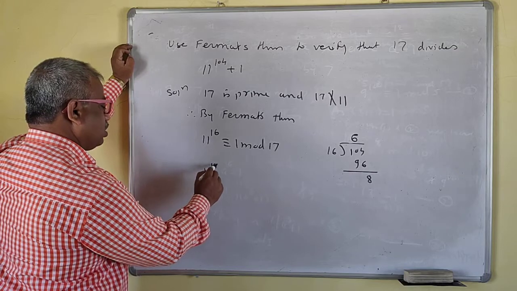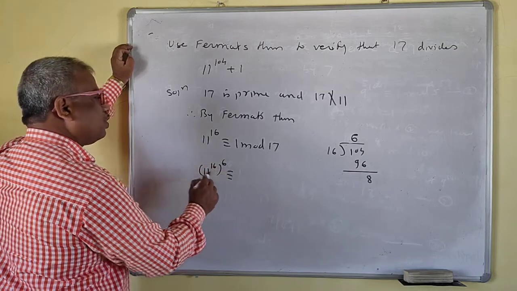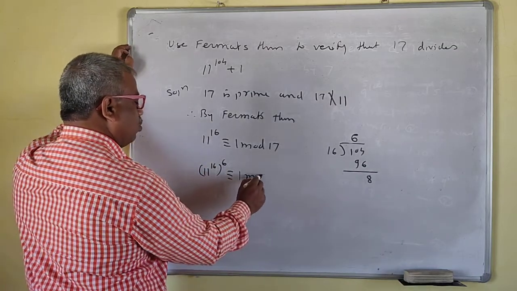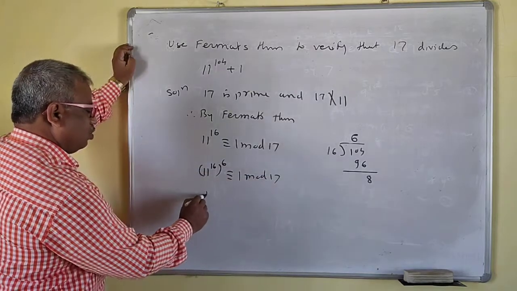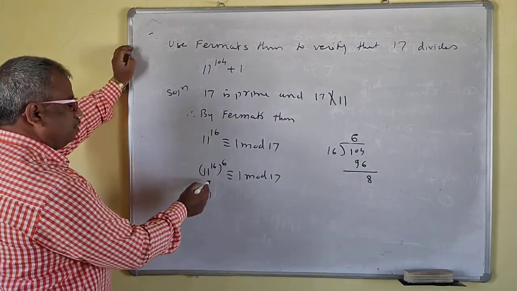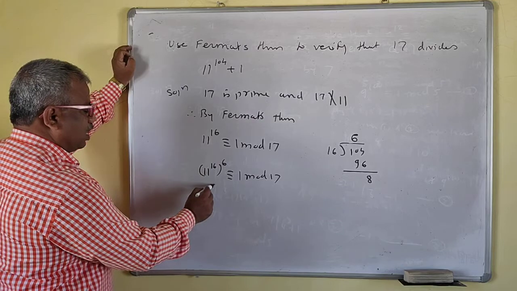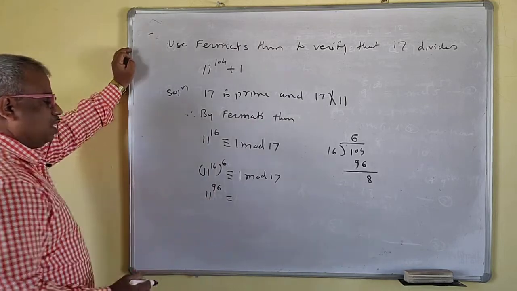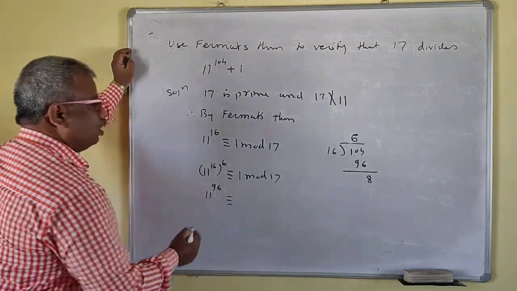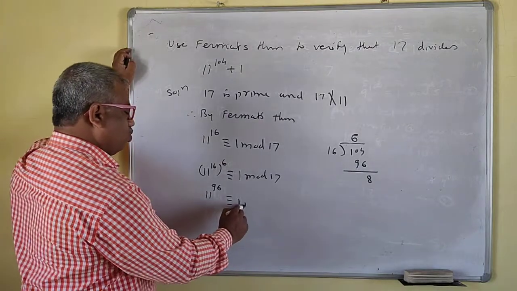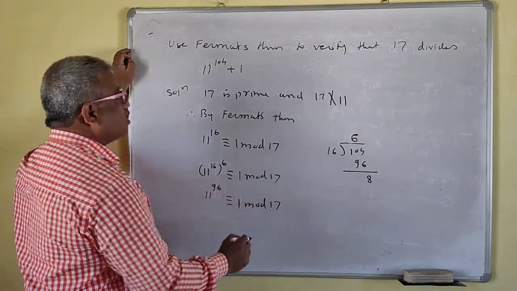11 to the power 16 to the power 6 is congruent to 1 mod 17. So 11 to the power, what is this? 11 to the power 96 is congruent to 1 mod 17.